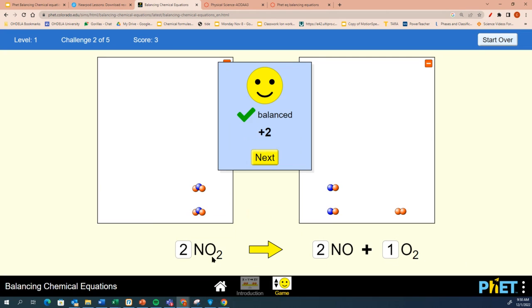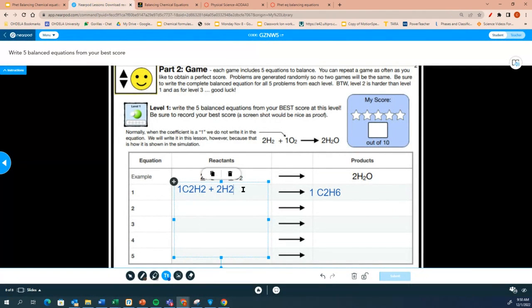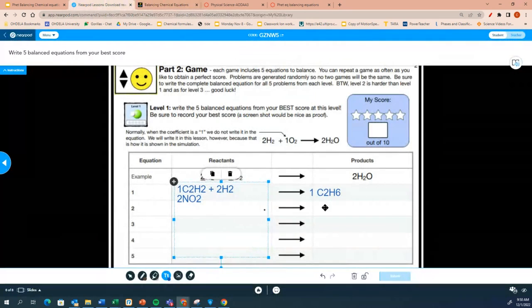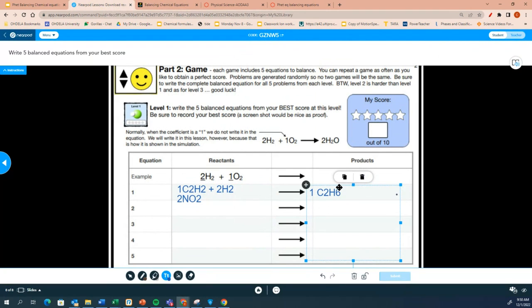Now I'm going to write this down: 2NO2. Now we have the arrow: 2NO and 1O2. Hey, Caleb, sorry, you have a question?